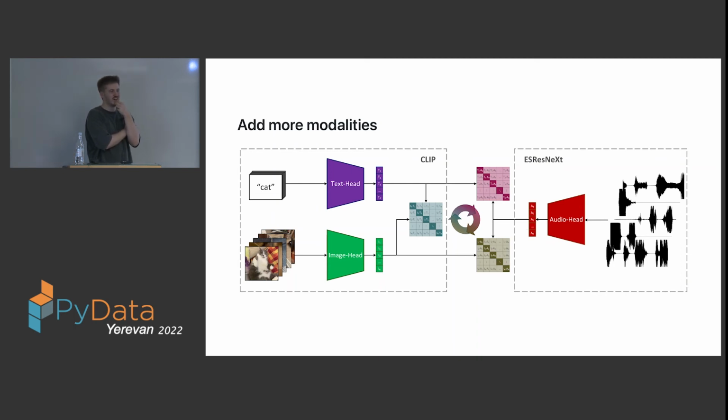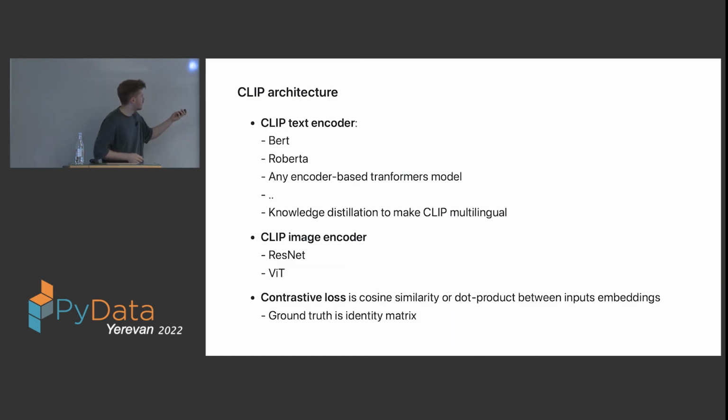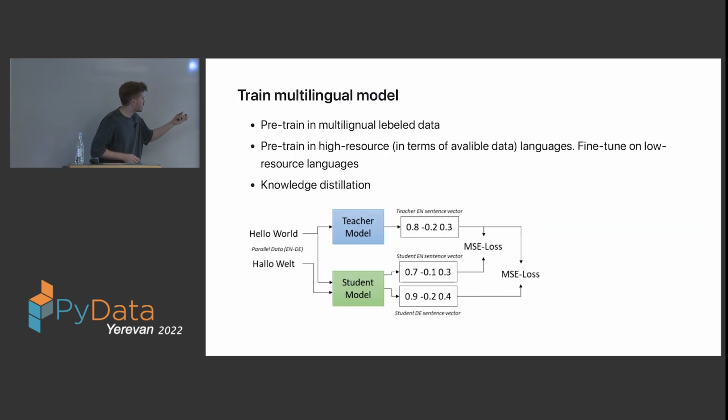Sorry, can you explain a bit more about this teacher and student, the knowledge distillation? Okay, I'll try to elaborate. Most of the time, distillation is used to make your model a bit lighter, so you use as the student model a model with fewer parameters.